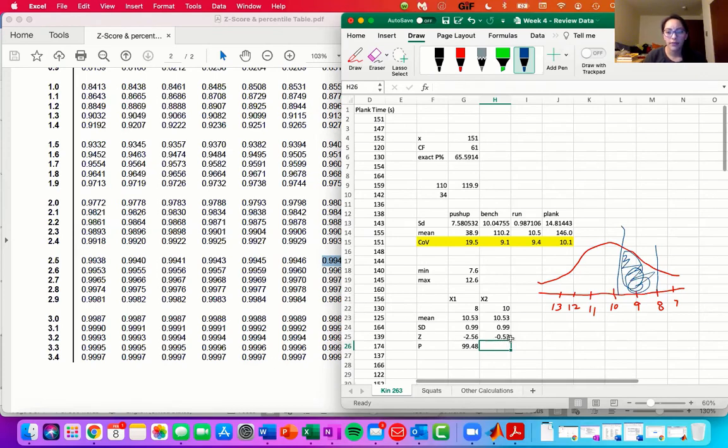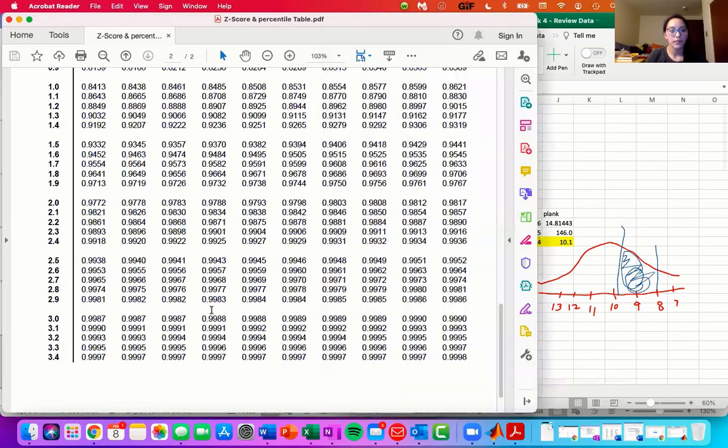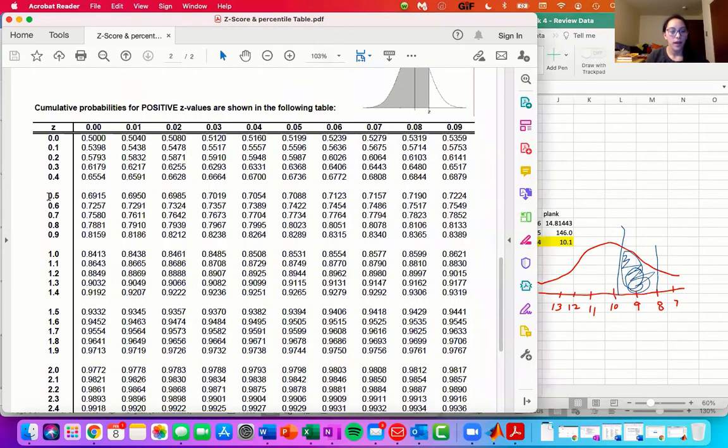Negative 0.53 we're treating as a positive 0.53 because that's where 10 would lie in this distribution. Okay, again, I didn't use decimals, so just use your imagination. So 0.53 would give us... how come it's not negative 0.53? Since it's behind the mean.